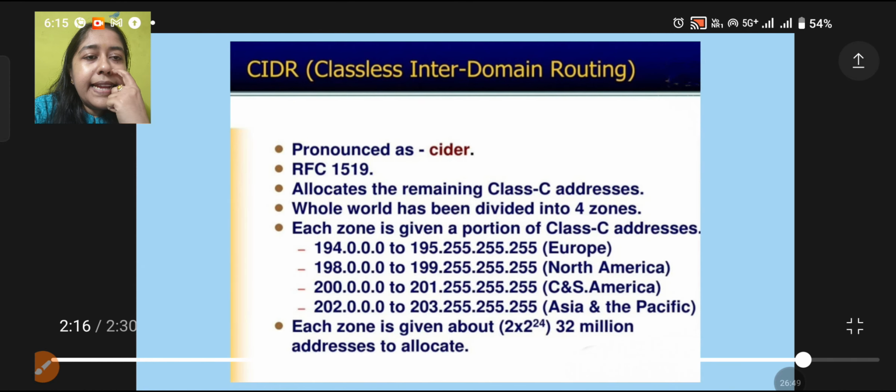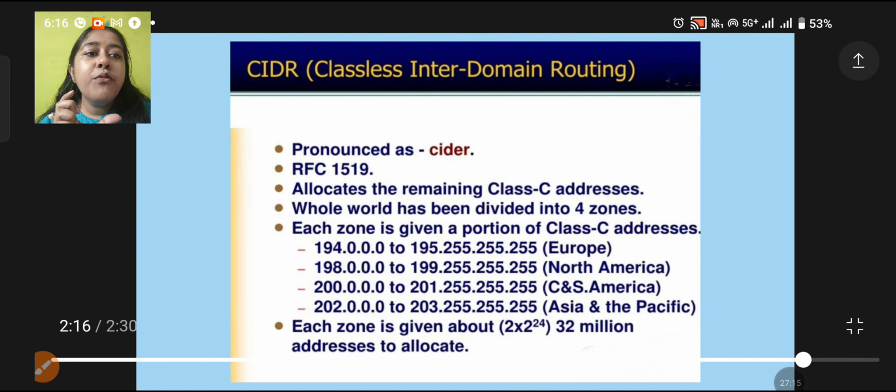Now CIDR, that is classless inter-domain routing, which is pronounced as CIDR. Now RFC 1598 allocates the remaining class C addresses. Remaining class C addresses means the addresses which remained there and were not used for other purposes; they are allocated for this CIDR.